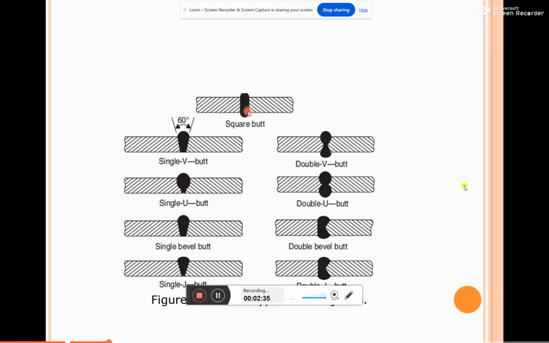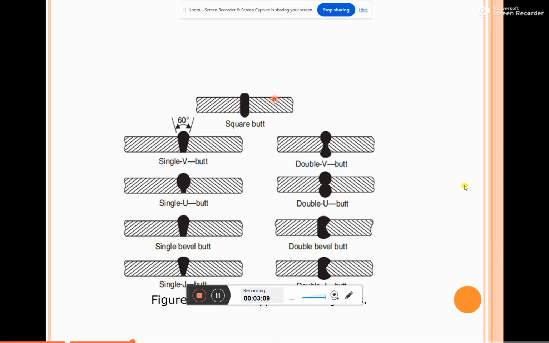This is one edge and this is the other edge. Then we perform the welding at these edges. Such a type of joint is called a butt joint.